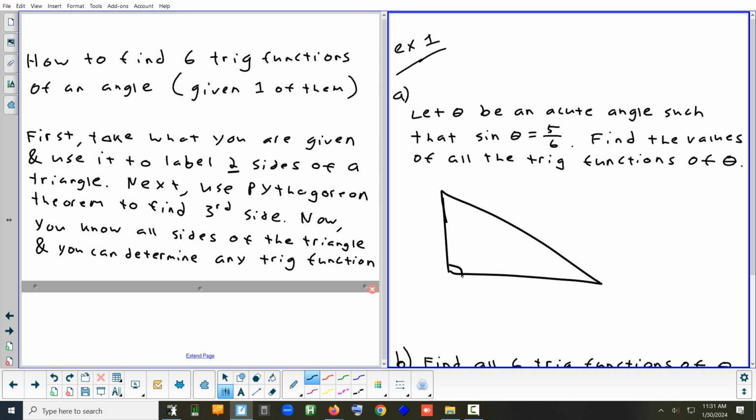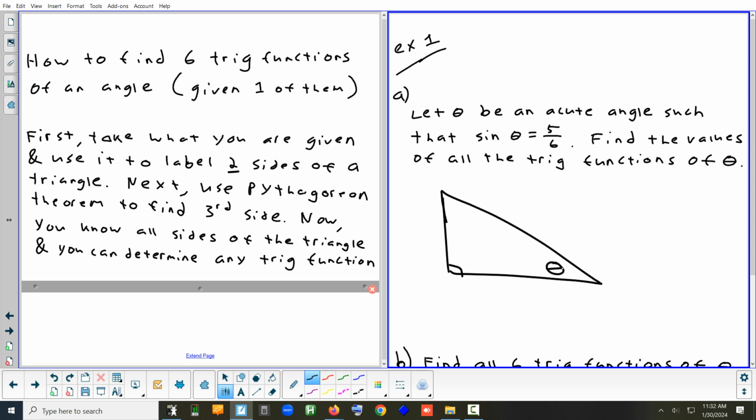You have to draw a right triangle, and you have to put theta somewhere in this triangle. It can't be the 90. It can never be the 90. It has to be one of the smaller angles. Let's put it here. If you put it up here, you're going to get the same answer. It's just like your triangle is going to be turned. It's the same thing.